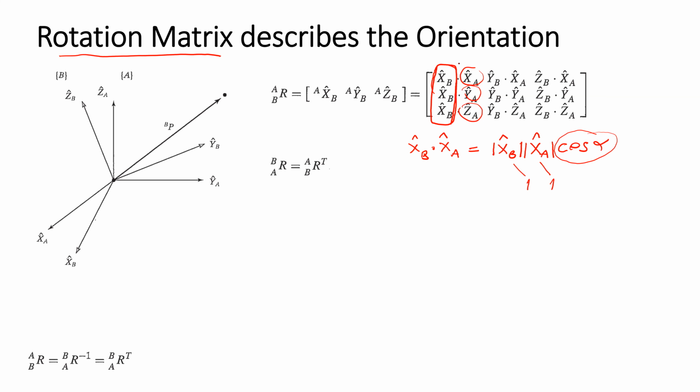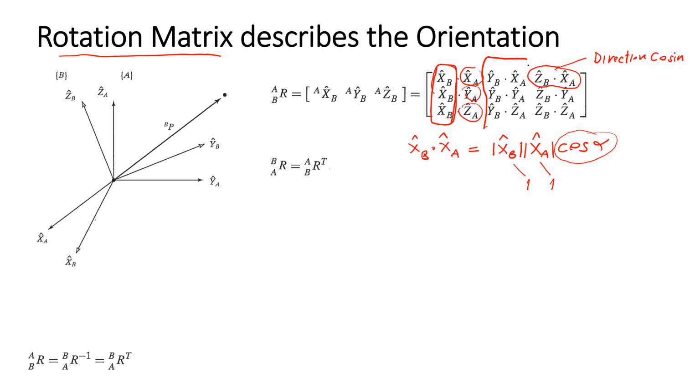So each component will be the direction cosine of the 2 unit vectors.